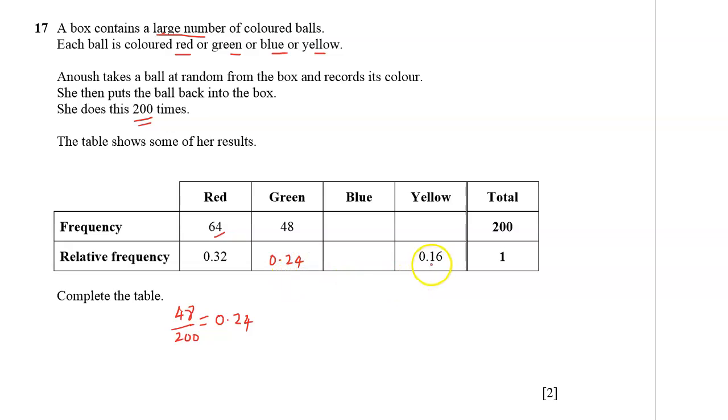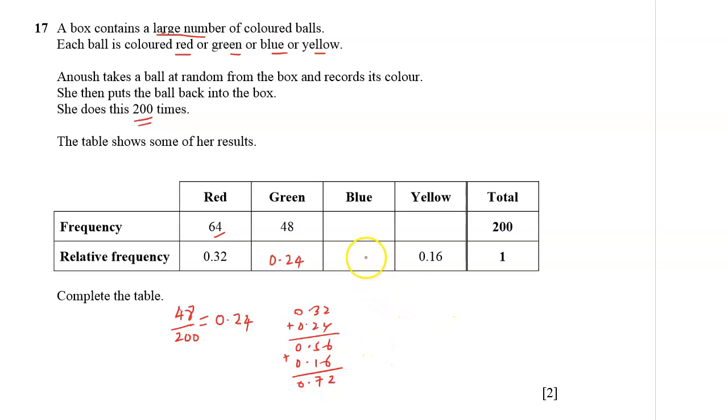So the relative frequency of the green ball is 0.24, and to get the relative frequency of the blue ball, we take 1 minus the sum of these. So I do 0.32 plus 0.24. This will give us 0.56. Then 0.56 plus 0.16 gives us 0.72.